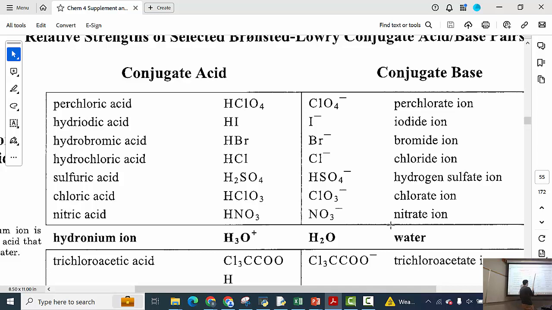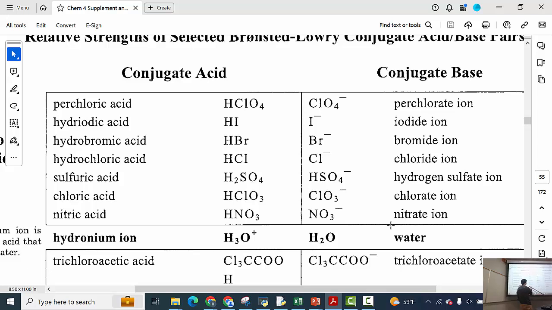Perchlorate, though, a base is a proton acceptor, so perchlorate doesn't have a strong attraction for H plus. If perchlorate had a strong attraction for H plus, then it wouldn't let it go. And so we see the link here, the bond between H plus and perchlorate is very weak, therefore allowing the H plus to leave. That means perchlorate isn't a very good base. And so if the acid is strong, its conjugate base, that is this pair here, is weak.